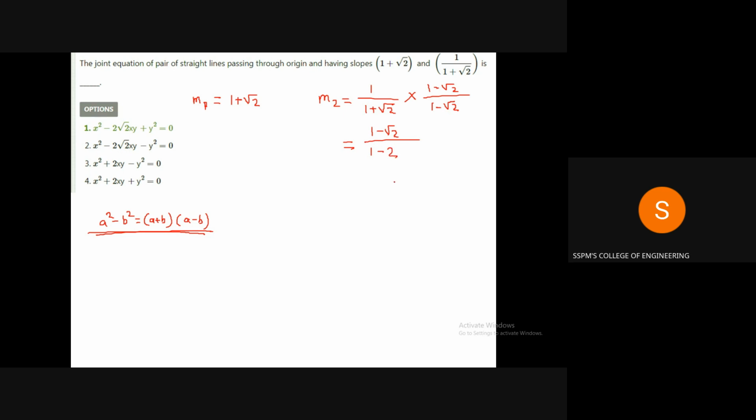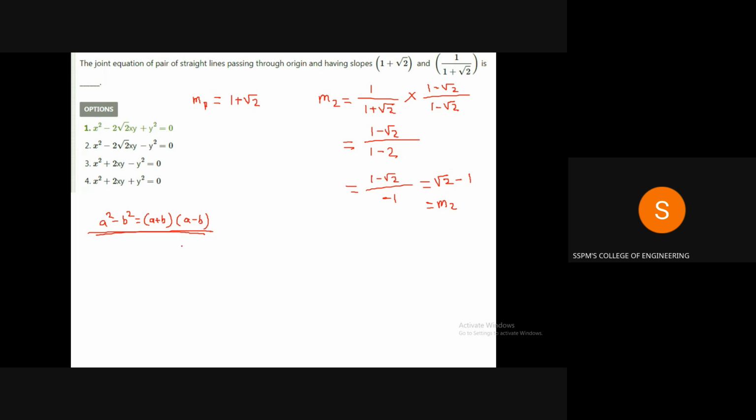Okay, 1 minus 2, therefore we have 1 minus root 2 divided by minus 1. Okay, so if we divide by minus 1, we get here root 2 minus 1. So the final answer will be root 2 minus 1. This is our m2.